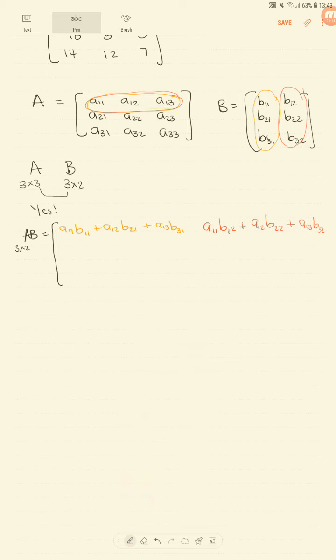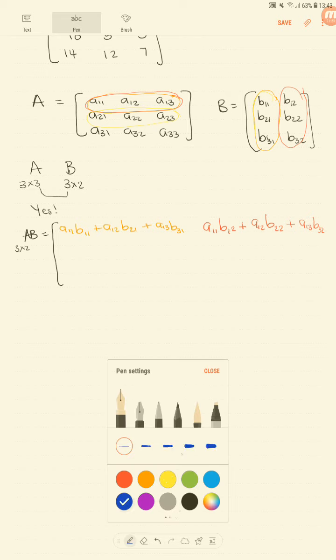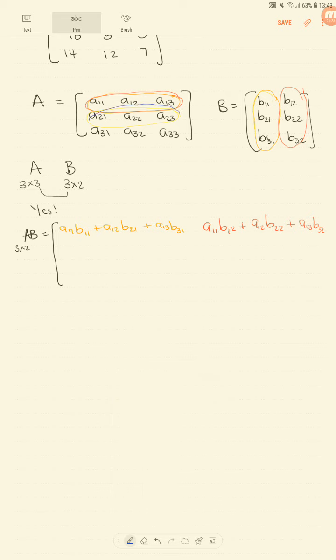Then we have row 2, column 1: A21 B11 plus A22 B21 plus A23 B31.